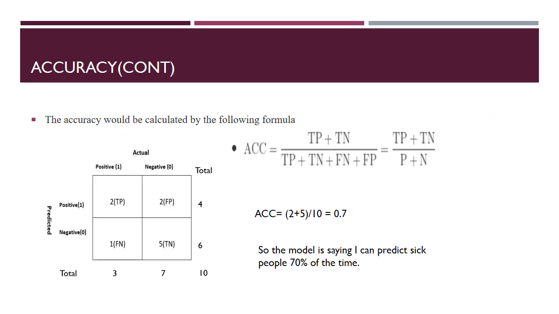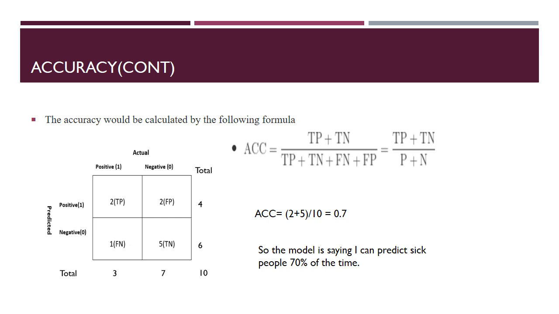For example, here we have a total of 10 instances. Total positive classes are 3 and total negative classes were 7. So we have a total of 10 records, out of which the correctly predicted records are 5 true negatives plus 2 true positives. So we have 7.